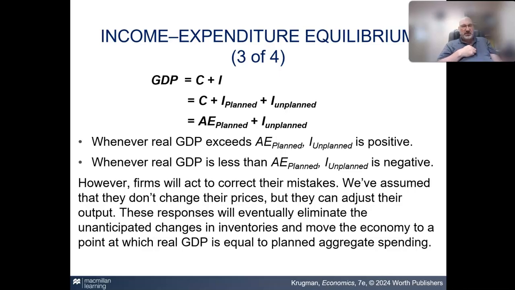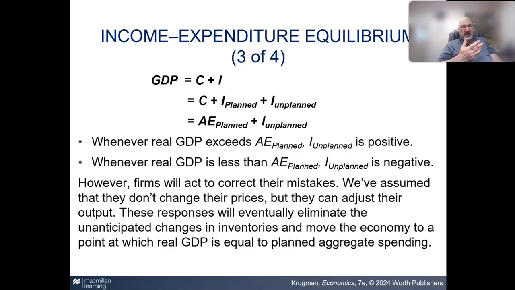So income expenditure equilibrium: GDP equals C plus I planned plus I unplanned, which is AE planned plus I unplanned. Whenever real GDP exceeds AE planned, I unplanned is positive. When real GDP is less than AE planned, the unplanned investment is negative.